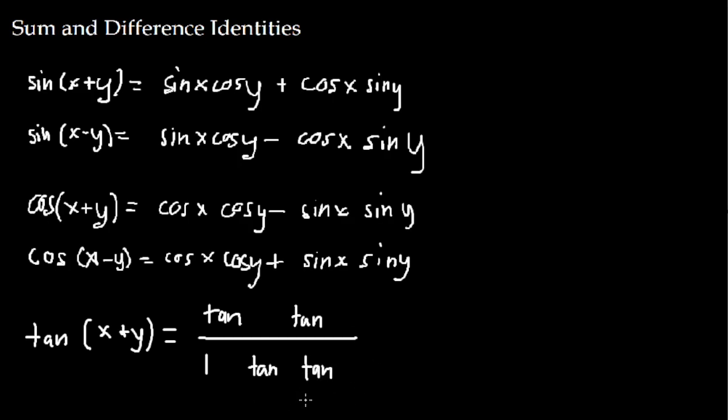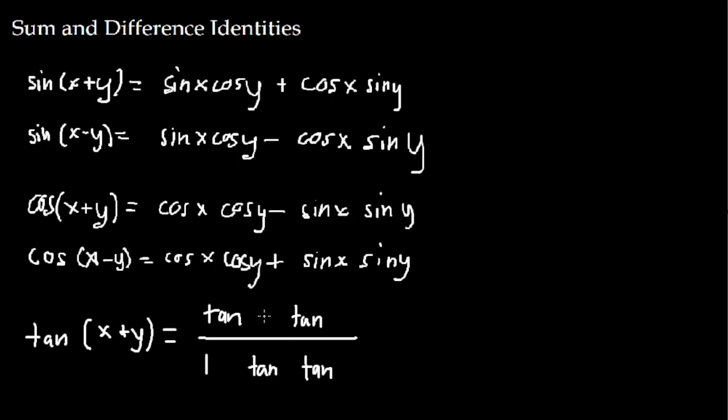Yung tan sa baba, wala kayong ilalagay na operation yan. Which means, multiplication yung dalawang tangent sa baba. However, sa taas, doon tayo maglalagay ng operation. Dito lang tayo maglalagay ng operation. Now, ang sum identity ng tangent. Isusulat natin to.